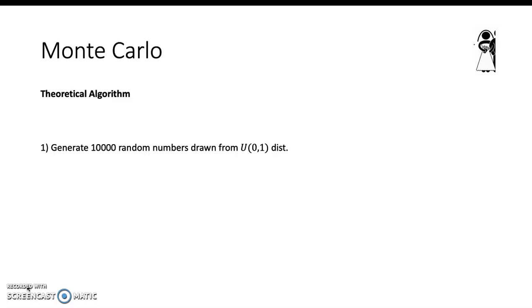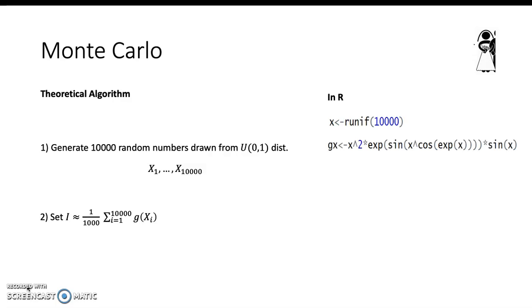You just generate, for example, 10,000 random numbers drawn from U(0,1), and then you just average them. In R, you could do it like this: you generate the numbers with the help of runif, then you store the values of the function in gx, compute the sum and average them.